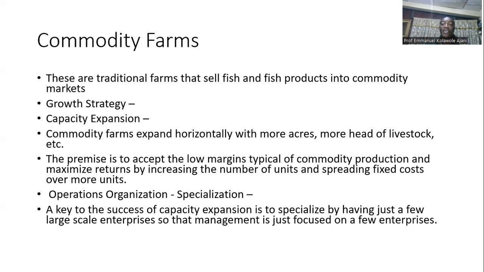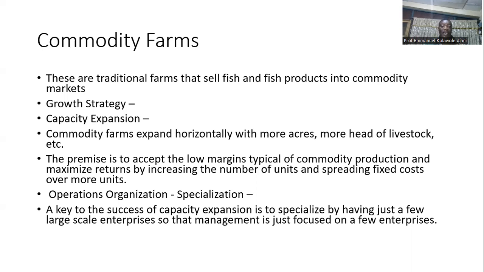This farm, they expand horizontally. Some farmers that have 2 or 3 ponds take more land and increase the number of ponds. From 3 ponds they increase to 12 ponds. They expand horizontally with more acres and also stock more fish.